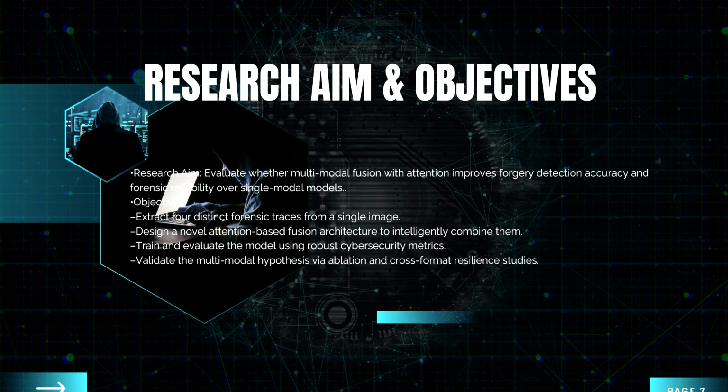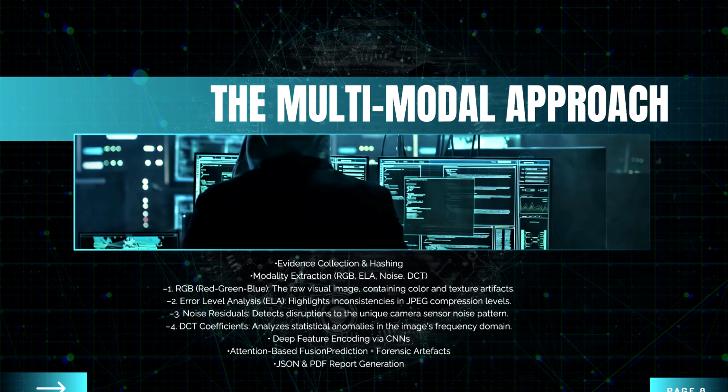So this research is an improvement on the existing work, where we are using multiple models as a fusion with the help of automation from AI and ML. In this way, we are building a system.